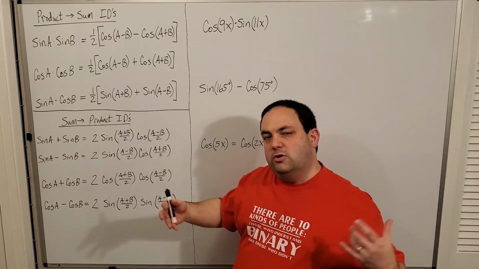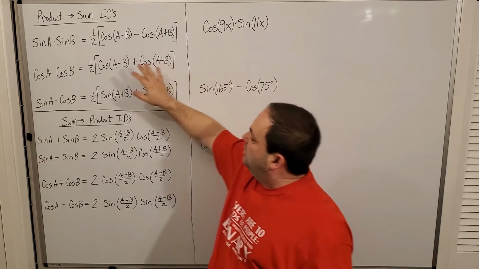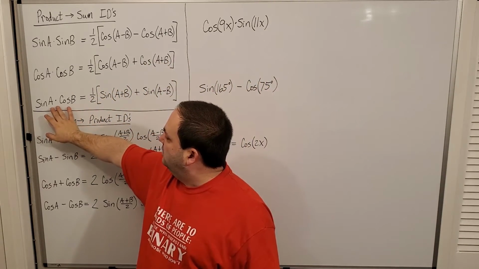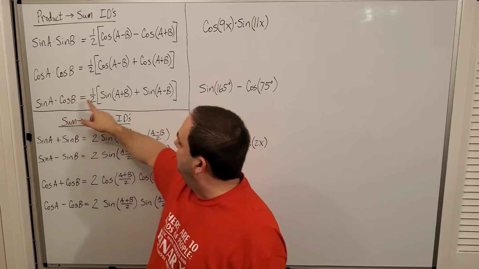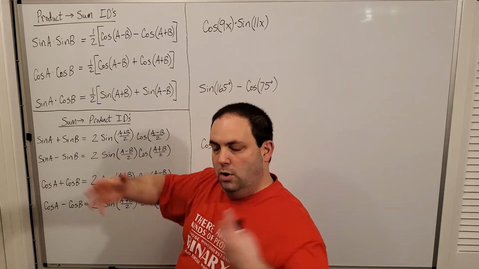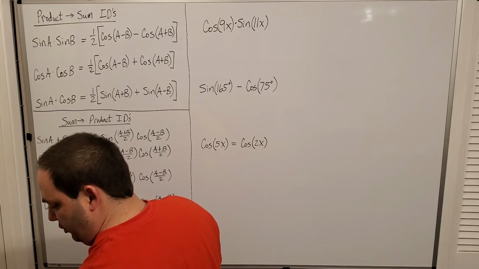So it would be better if they were split apart. Okay? So in a situation like this, I would come over to my product to sum identity and say, okay, what can I set up here so that I can turn it into two things that are split up? And that's exactly what we're going to do here.